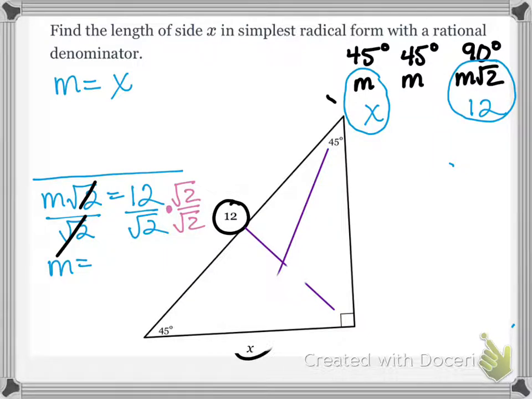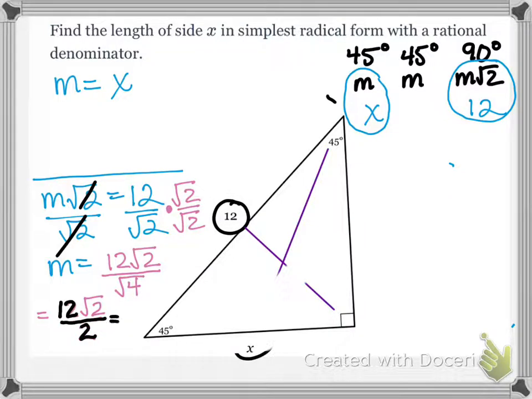So 12 times square root of 2 is merely going to be 12 square root of 2. Put them side by side. They are not like terms. Square root of 2 times square root of 2 is square root of 4. But we continue to simplify because we know that the square root of 4 is 2. And as we write that fraction, what you're supposed to realize is that this number 12 is divisible by the number 2.